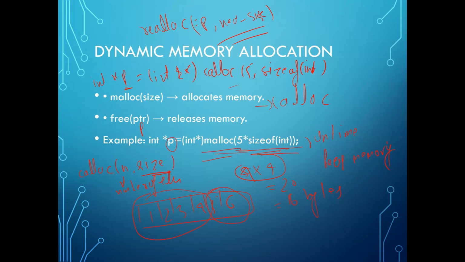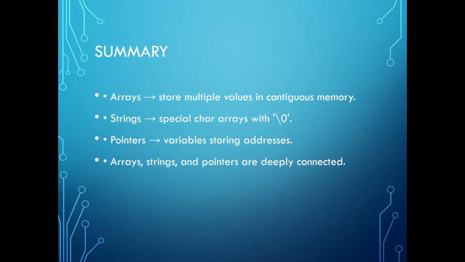This function returns a pointer to the newly allocated memory, or null if the reallocation fails. If it fails, the original memory block remains unchanged. So this is how you use realloc. If you have any doubt, you can comment below in the comment box. I think you have got all three topics.